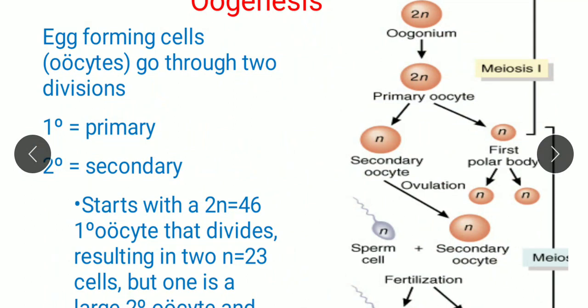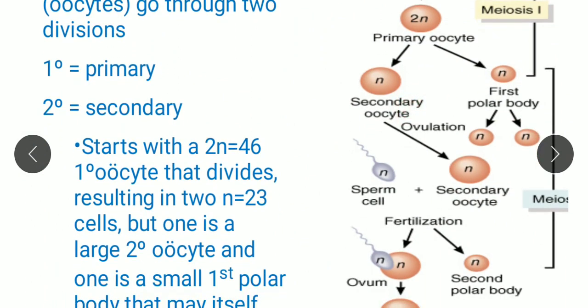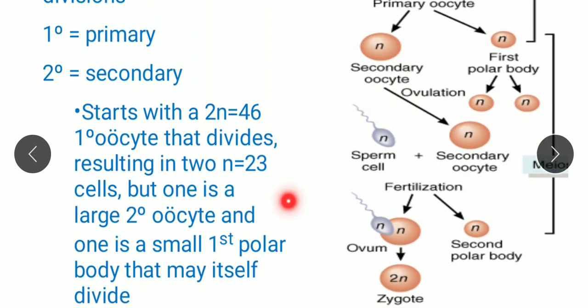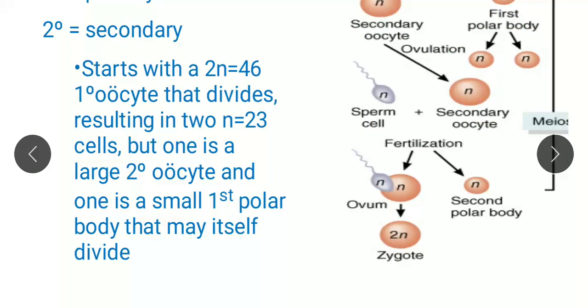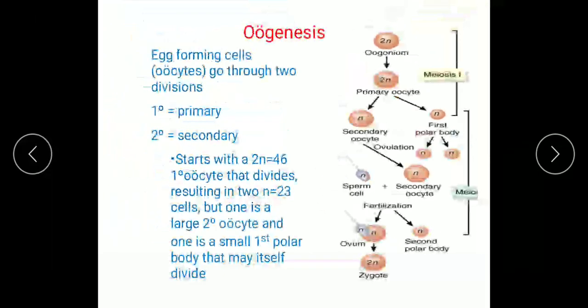The primary oocyte undergoes the primary division to form 2n equal to 23 cells, but one is a larger oocyte and one is a smaller polar body. They may themselves divide. Further, the secondary oocyte divides and the polar body divides continuously.